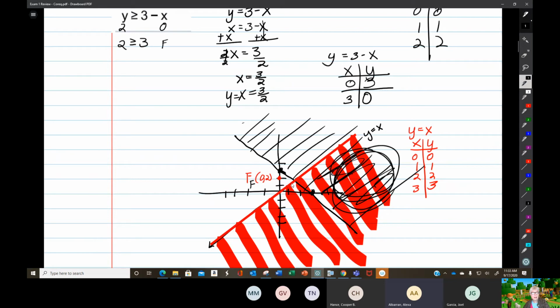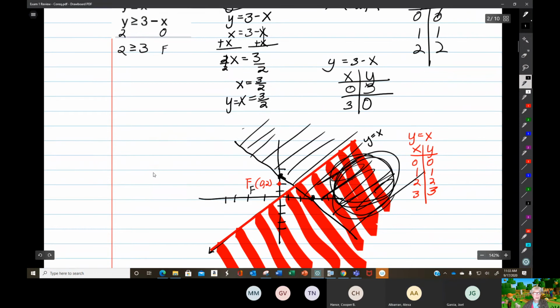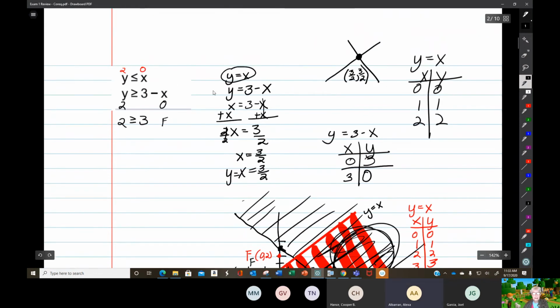It's making sense a little. You just add them, right? Yeah, you're just going to work with these two, except with equal signs. You're working with y equals x and y equals 3 minus x. So you could add them. You could do elimination. You could say y equals x, y equals 3 minus x.